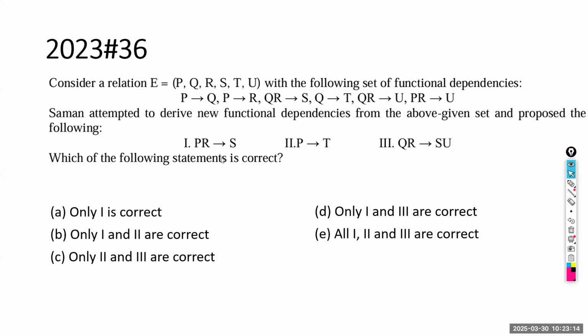Which of the following statements is correct? By analyzing these functional dependencies, someone has come up with three more dependencies. So the question is, which of these can be derived from the given dependencies?